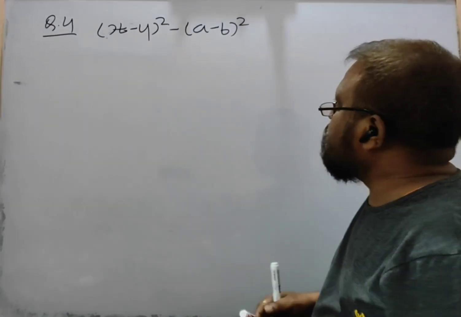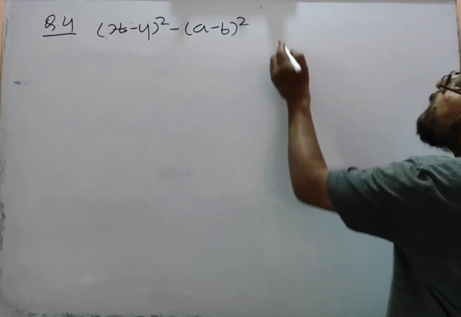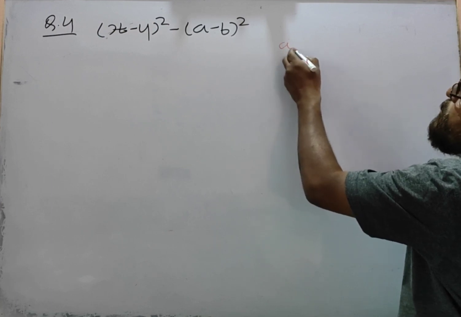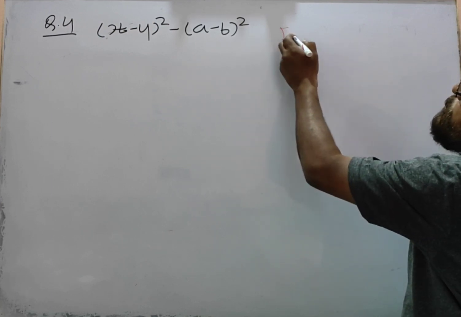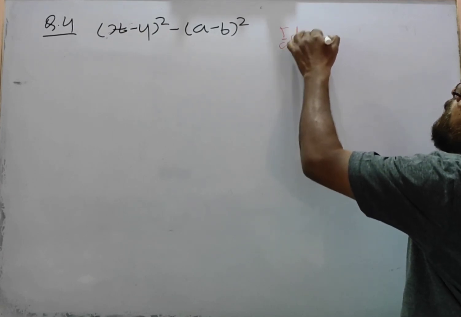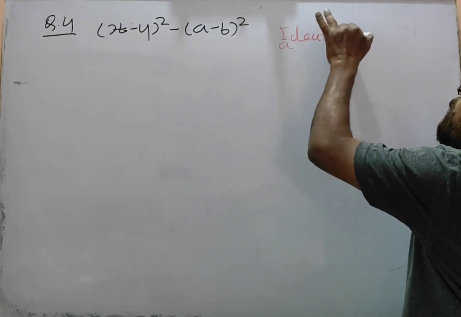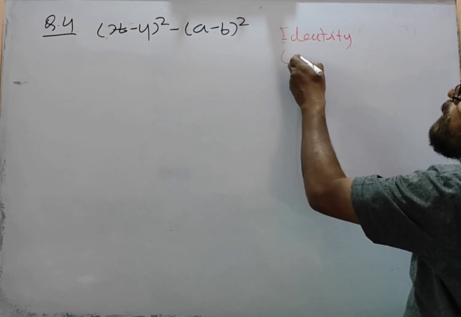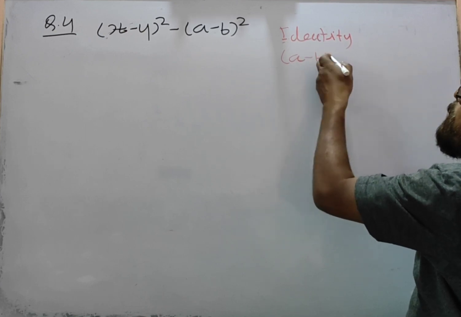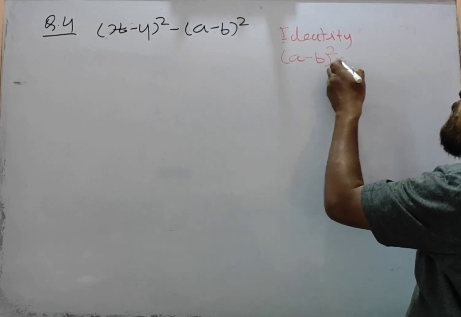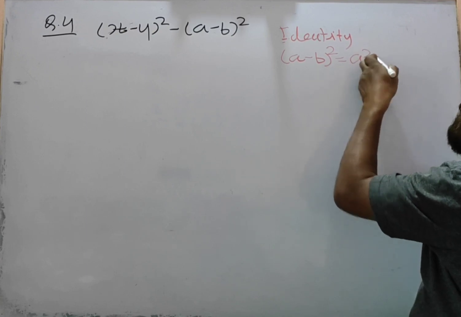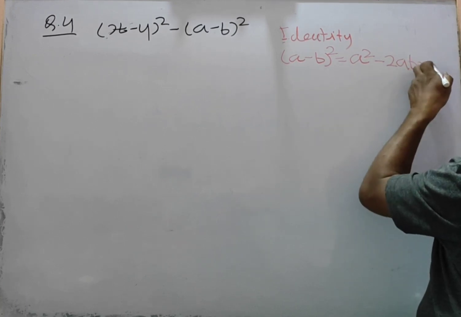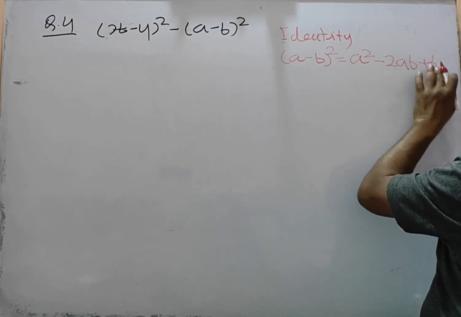We know that there is an identity, a minus b whole square is equal to a square minus 2ab plus b square, right? This is the identity we have.